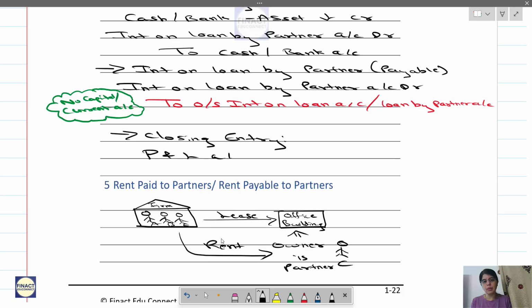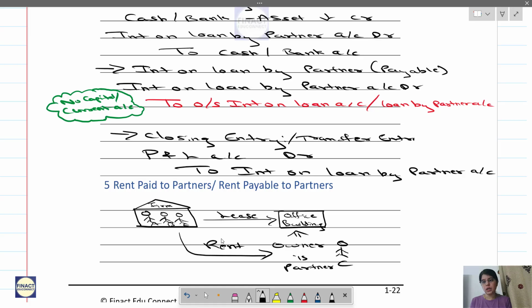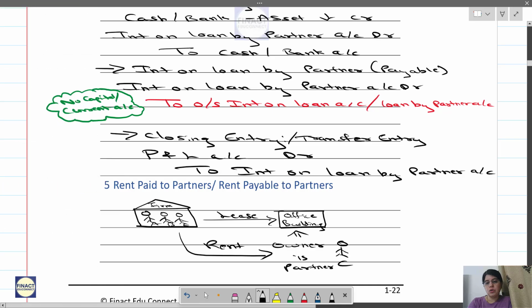It is an expense, so profit and loss account debit to interest on loan by partner account. Again, closing entry is also known as transfer entry. Remember that. If they ask you for a transfer entry in the question, don't get confused. It's a closing entry, same thing.